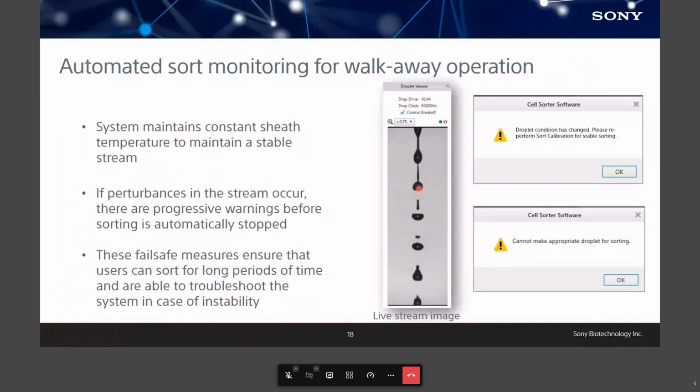If it does get to a point where it thinks there's a bigger problem and it's worried that it can't maintain it, it will then give you a pop-up message that says the droplet condition has changed and it recommends that you redo the sort calibration for stable sorting. So this is basically a warning that, hey, things are changing more than I can maintain. Go ahead and recalibrate.